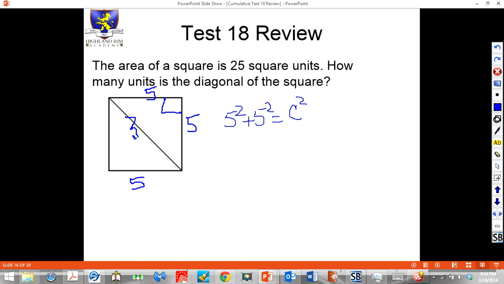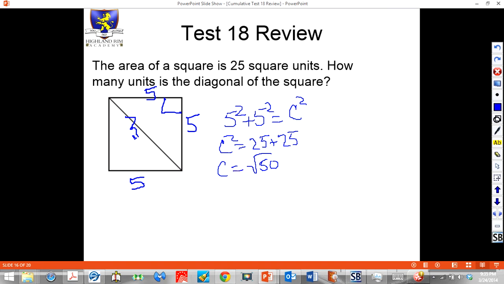So that means that c squared equals 25 plus 25, and that means that c is equal to the square root of 50. Now, this is where it gets tricky. This is the square root. Okay? Now, so c is equal to the square root of 50.